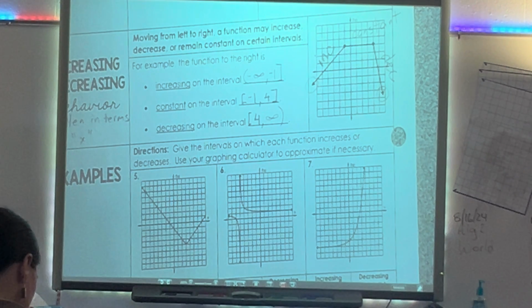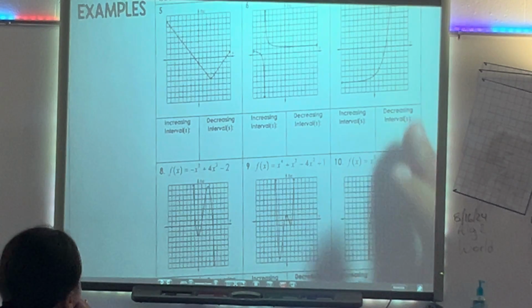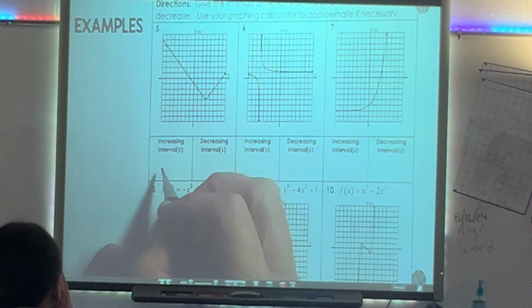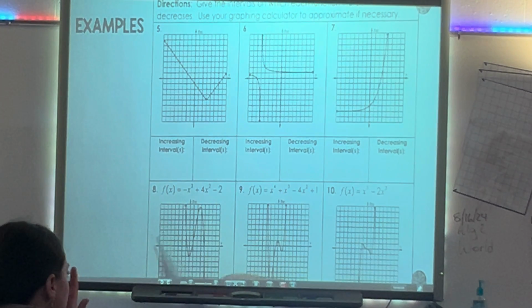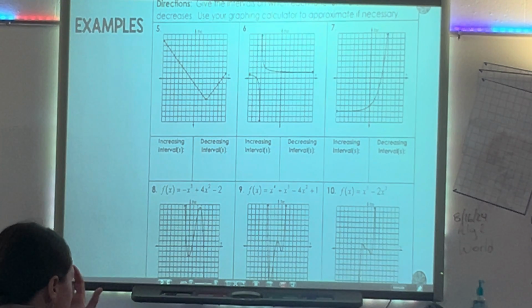Alright, good there? Here, we're just gonna write the intervals for increasing and decreasing. They usually list increasing and then decreasing, but if y'all remember, I usually write it in the order that I see it because that's how my brain works.